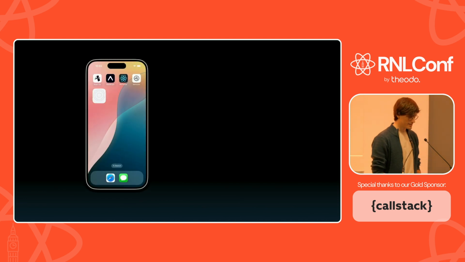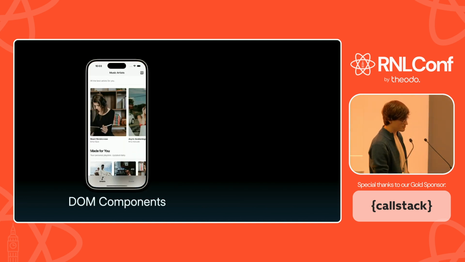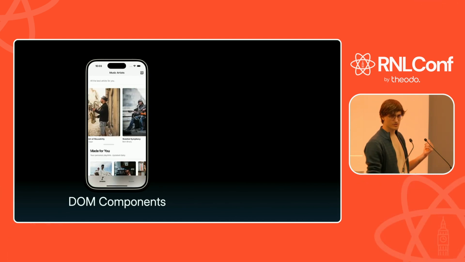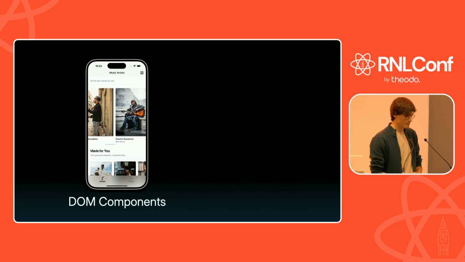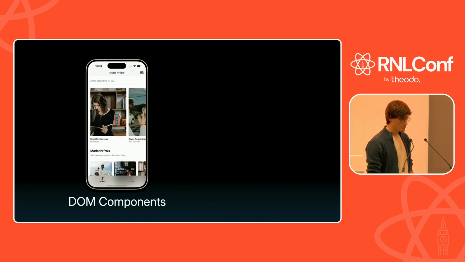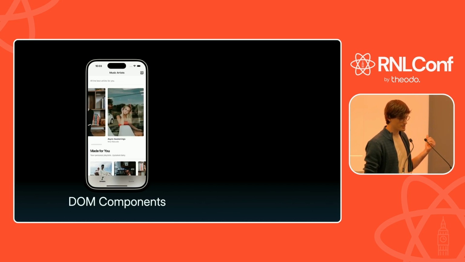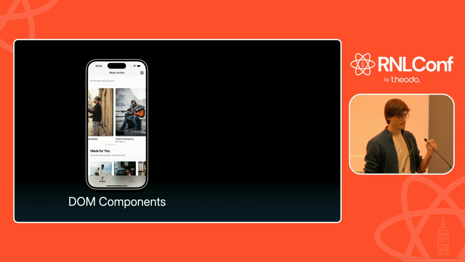So in a web view, what you will see if you use DOM components for everything is something like this. This is another test app that I created. These two pages are both just ShadCN. They are fully web, but they're running in DOM. Now, if I swap or open any of these pages, you can see a small delay, right?